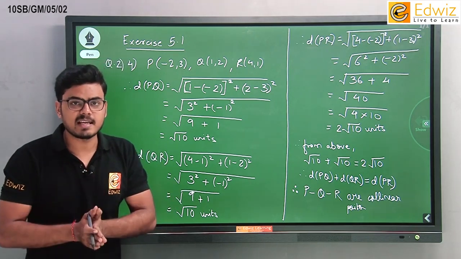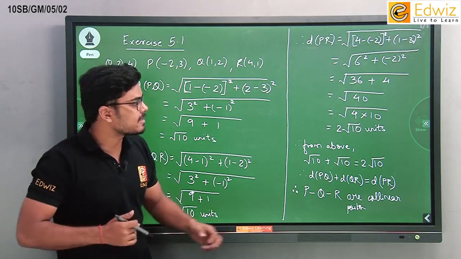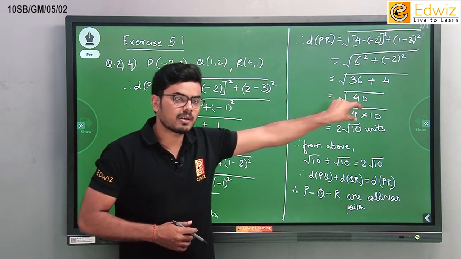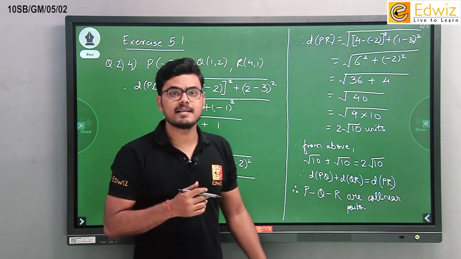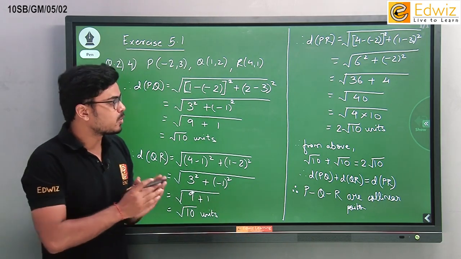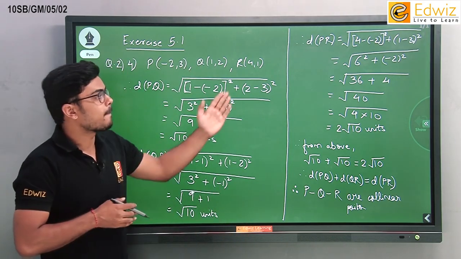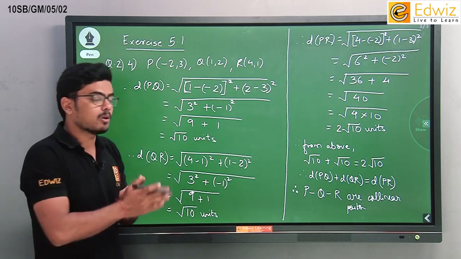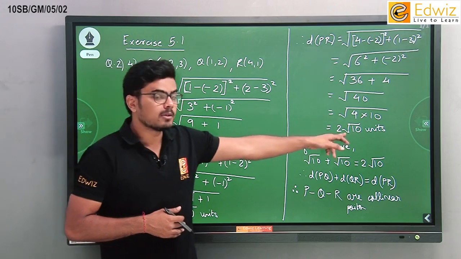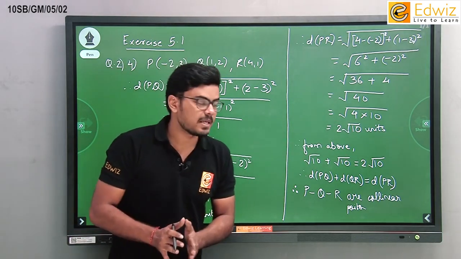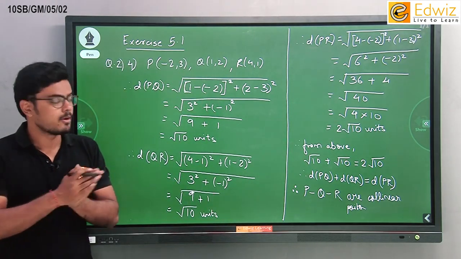But 40, as I told you earlier, can be factorized into 4 into 10, and square root of 4 is 2, so it came outside the square root, and the only thing left behind is square root of 10. So 2 root 10 units is the distance PR, and from here we can observe that these two distances are adding up to be 2 root 10 only. So that means points P, Q and R are collinear.